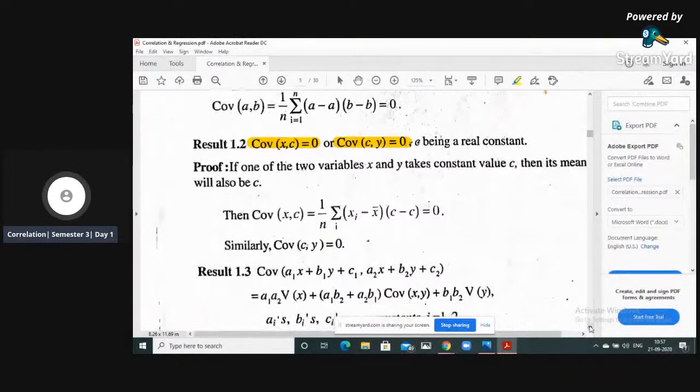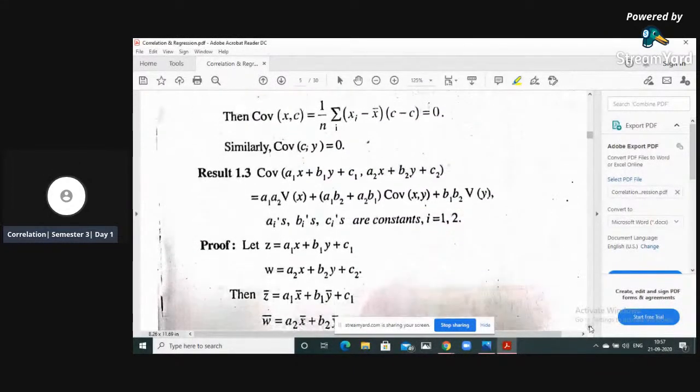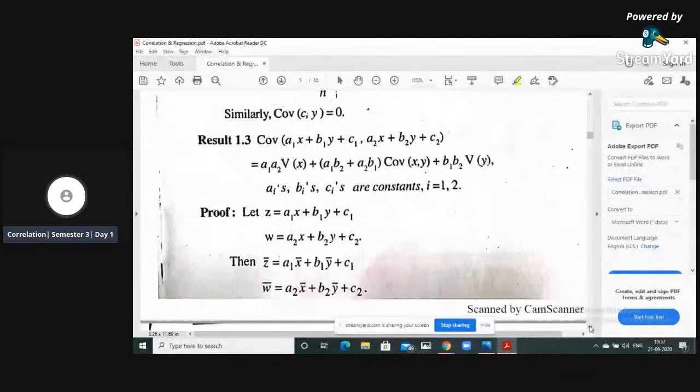Result number 1.3, covariance of a1 x plus b1 y plus c1 and a2 x plus b2 y plus c2. So if you have a linear relationship of x and y, then finally what you get is a1 a2 variance of x. If you remember your variance formula from the first semester, then you get (a1 b2 plus a2 b1) covariance of xy plus b1 b2 variance of y.